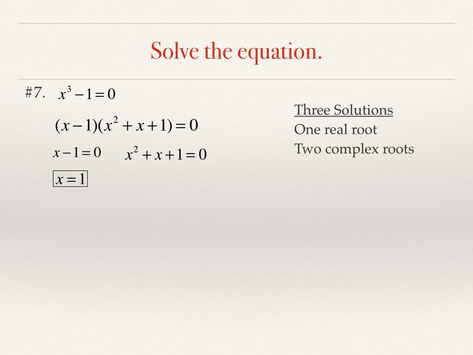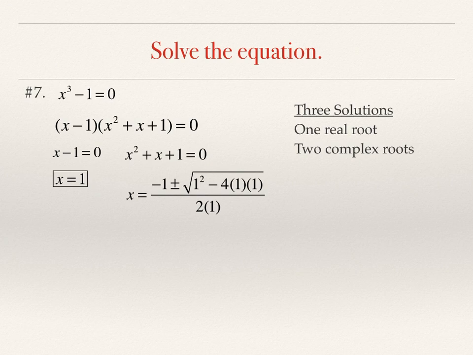We will now show why there are 2 complex roots. Because to solve that quadratic equation, we will apply the quadratic formula, which I hope is in your memory. Negative b plus or minus the square root of b squared minus 4ac all over 2a.